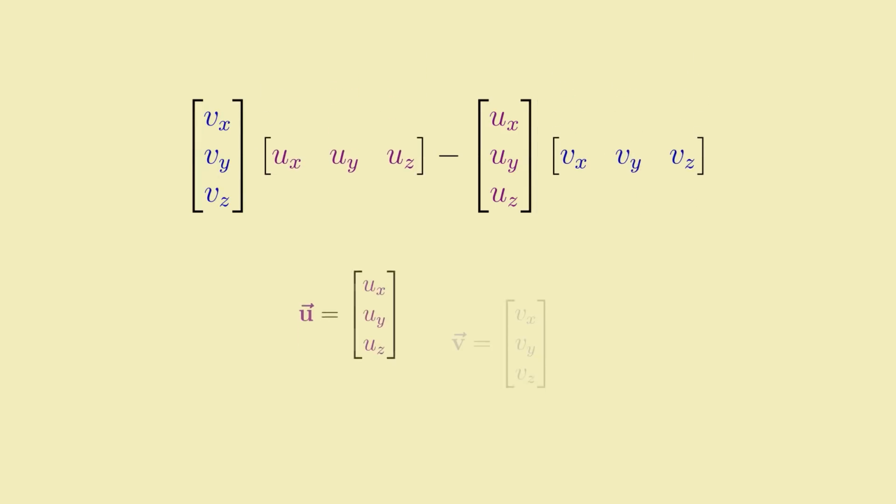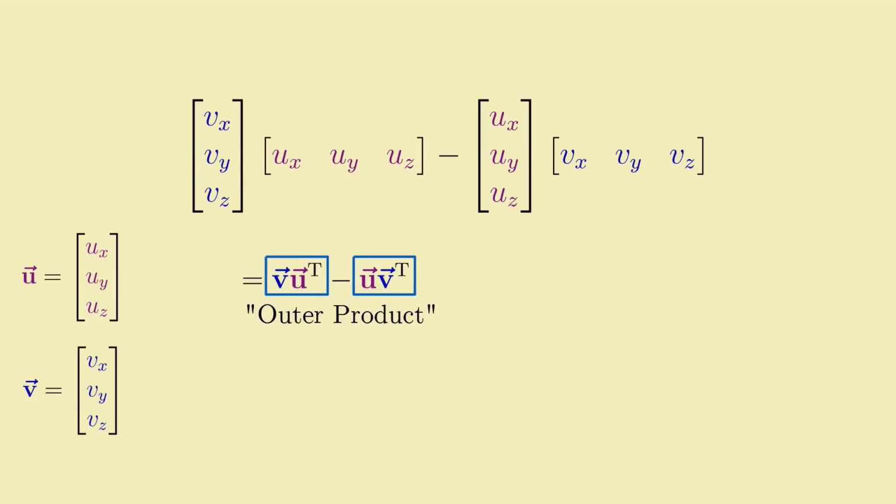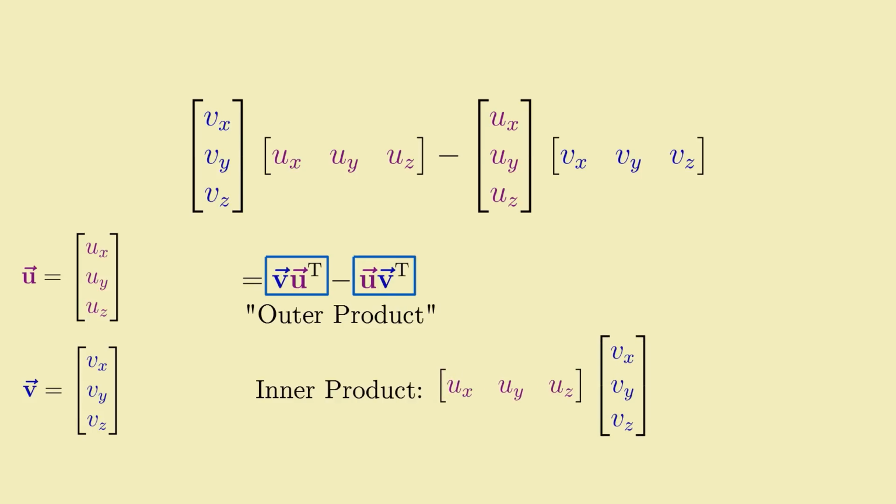If we think of U and V as column vectors, then the cross product matrix of the cross product, U cross V, can be expressed as VU transpose minus UV transpose, where transpose means the matrix has had its rows and columns swapped. This odd way of multiplying a column vector by a row to get a matrix is called taking their outer product, which is in contrast to what's called their inner product, which is where you multiply a row on the left by a column on the right to generate what is equivalent to their dot product.